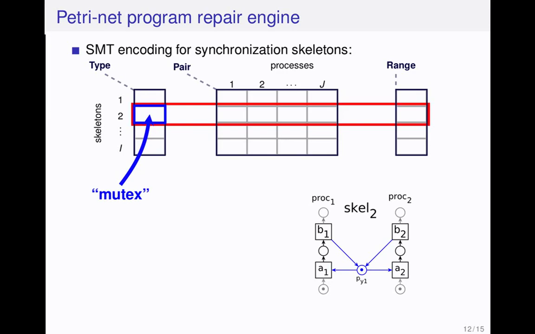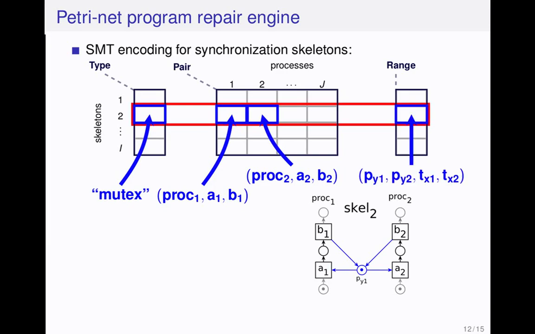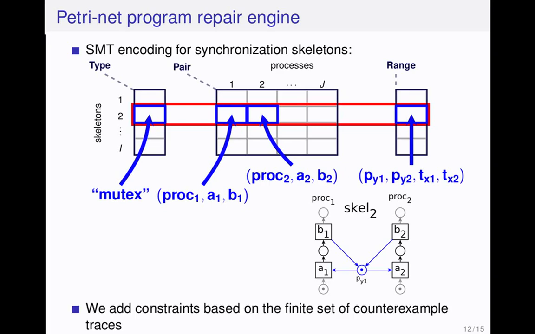So the first item is what type it is, either mutex or condition variable, etc. Then the middle ones correspond to which of the processes of the input you are adding the synchronization between. And the last one reserves different places and transitions in the grid from the previous slide. Then we also have constraints based on the finite set of counterexamples seen so far, so that those are avoided by any Petri net that's synthesized.